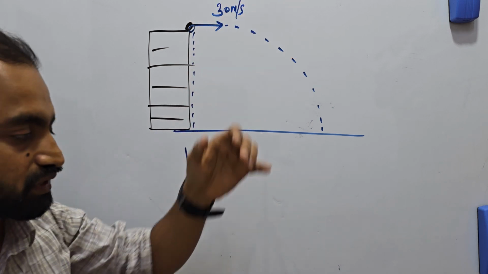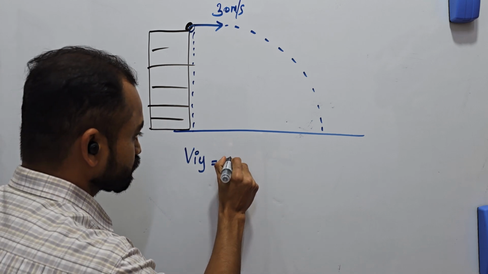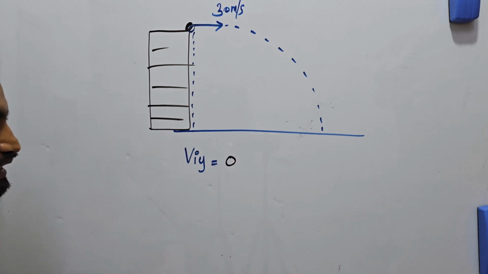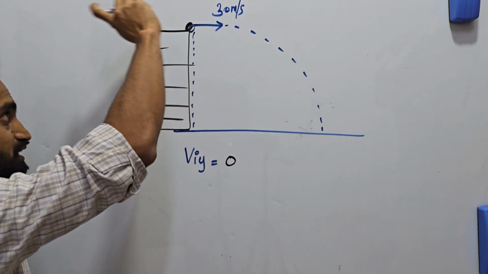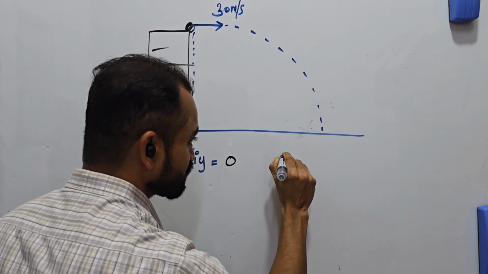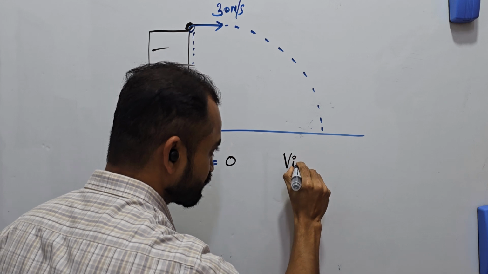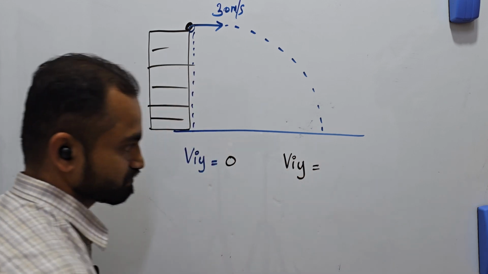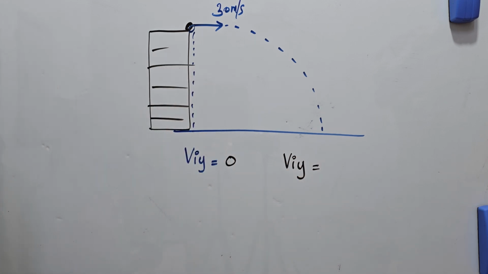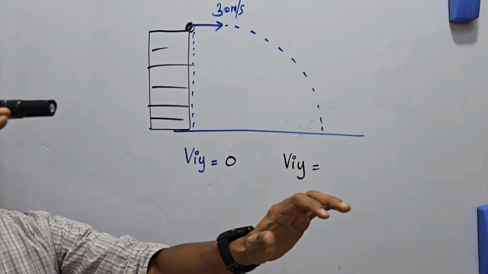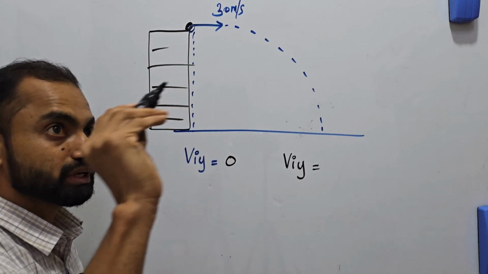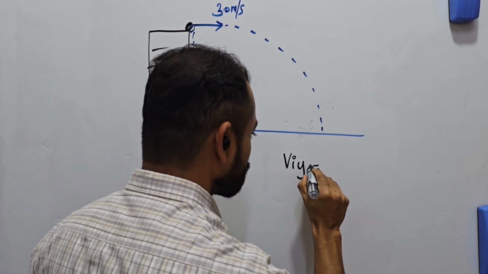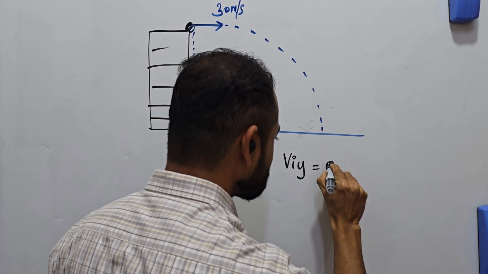When you drop, the initial velocity is 0, right? When you throw horizontally, like this, in that case also, what is the initial velocity along the vertical direction? 0, right? Because you are throwing it horizontally, not in the vertical direction. So the initial velocity along the vertical direction is 0 in both cases.